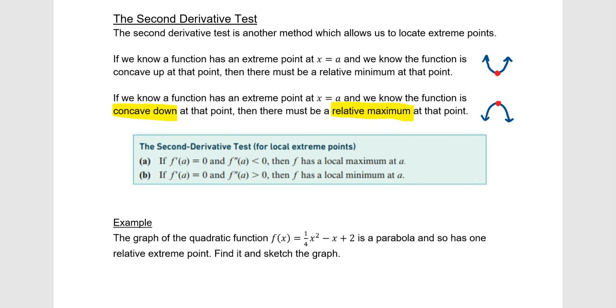So the second derivative test, which I have written down right here, is if f prime of a is 0, so that's our extreme point, and f double prime of a is negative, then there is a relative or local maximum at that point. And similarly, if f double prime is positive, then there's a relative minimum. So second derivative negative, relative max. Second derivative positive, relative min.